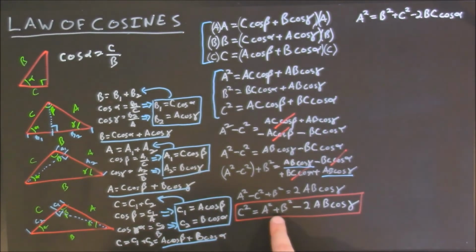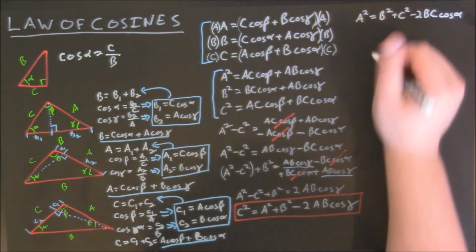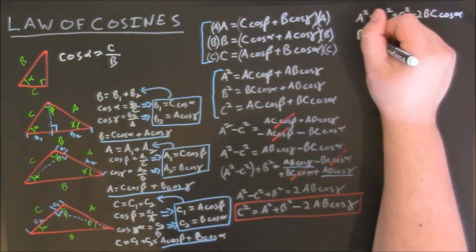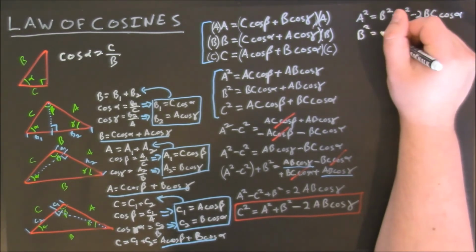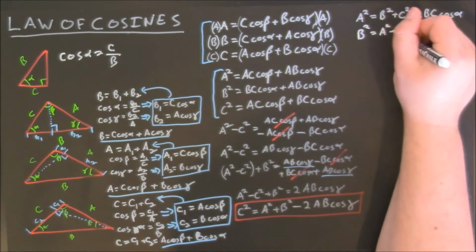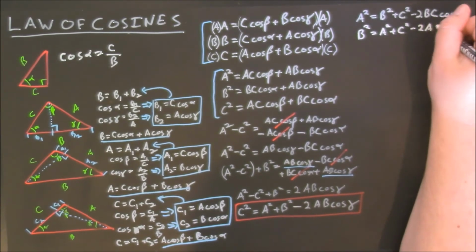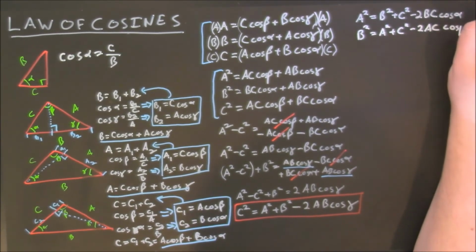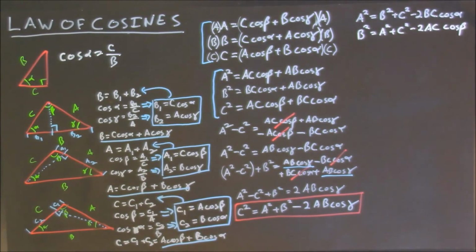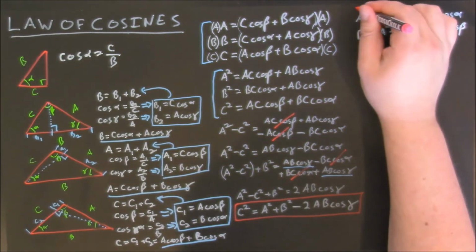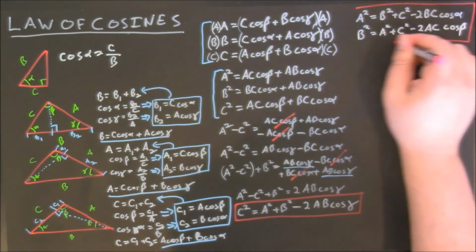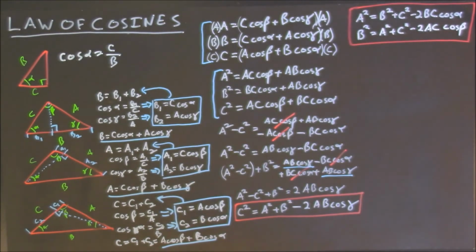And that's the same as this equation, just solved for A squared. And likewise, B squared is equal to A squared plus C squared minus 2AC cosine beta. Now these are also part of the law of cosines.